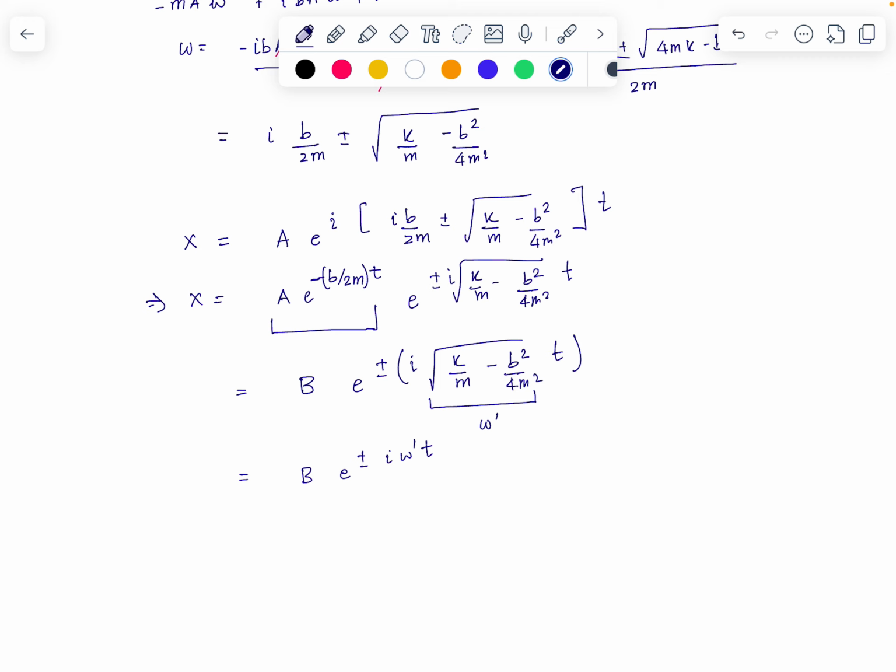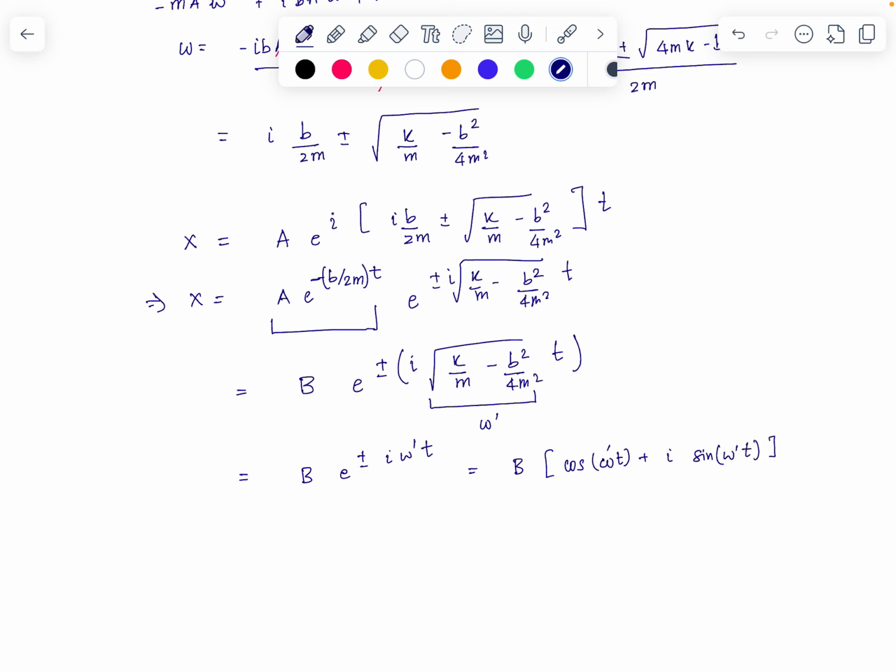Now, the interesting thing here is that this can be written as b times cosine of omega prime t plus I times sine omega prime t.